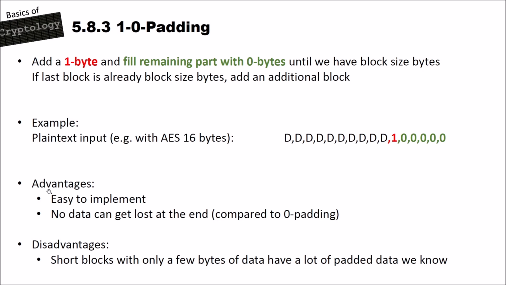Advantages are that this is also easy to implement and that no data can get lost at the end compared to the 0 padding. Disadvantages are that short blocks with only a few bytes of data have a lot of padded data that we know. So let's think we only have 1 byte, then we would know the remaining part of the block already, since it's really clearly defined what we have here. We would have a 1 and then only zeros.